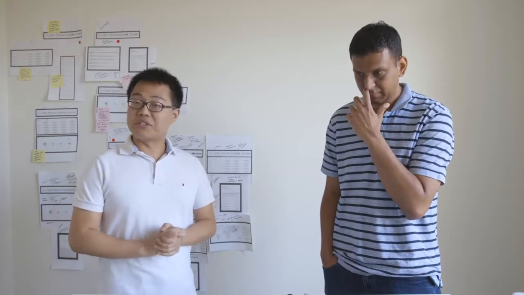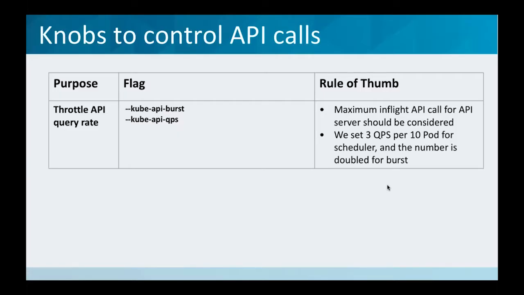Okay, so this is also important. Since we already set the maximum in-flight requests inside the API server, we should also throttle the API from the client side. So Kubernetes provides this set of flags to configure in multiple Kubernetes components, including their official add-ons. You can see these 2 sets of flags in kubelet, in Controller Manager, in Scheduler, in kubeproxy, and a bunch of add-ons.